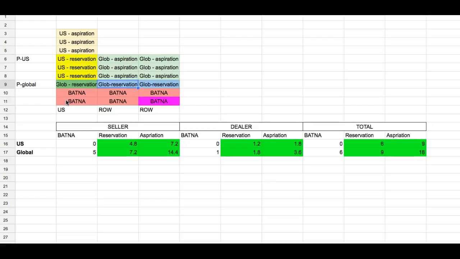Yeah. So the same is true for the reservation price. 9 for the global reservation price, and 6 for the US reservation price. That's what the seller wants as a minimum, as the bottom line. So he wants 6 million for his patent, and for that 6 million he's willing to give up the right to use that patent in the United States.